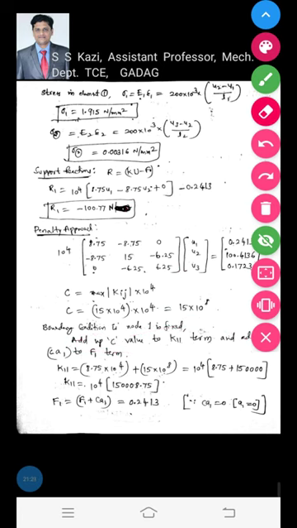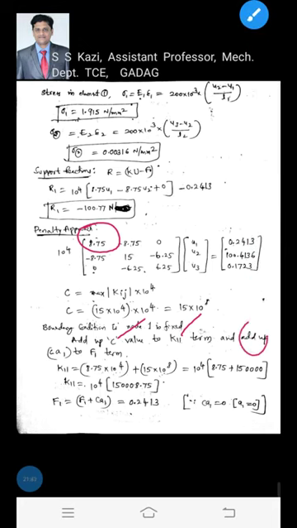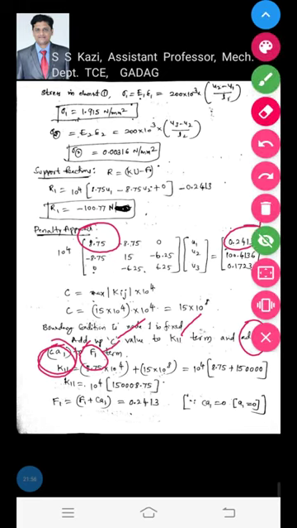Here node 1 is fixed, so add the C value to the K11 term and also add C A1 to the F1 term. These two have to be modified because, as I told you, if you increase the stiffness value, displacement goes on decreasing and it will cause the force to increase. Hence add the CA value to the F1 term.